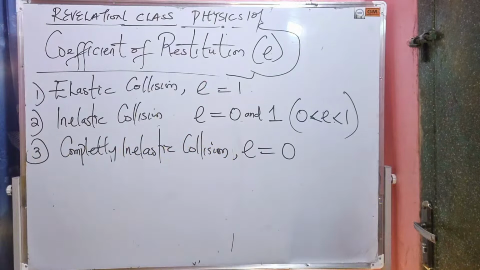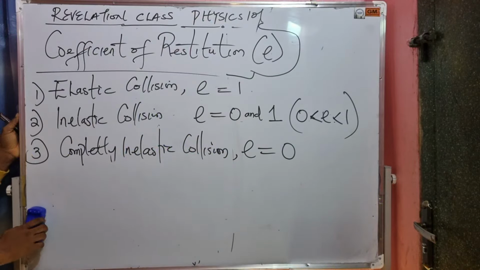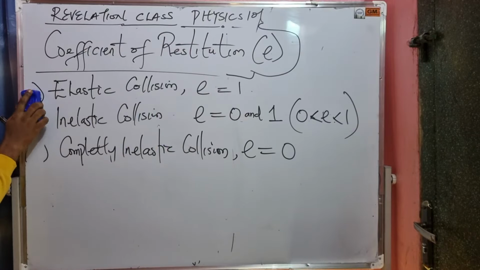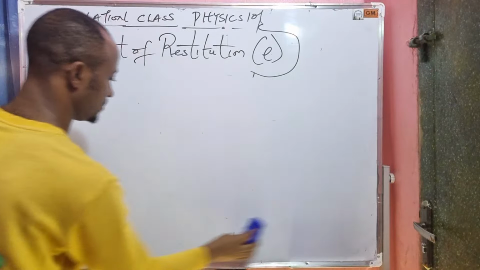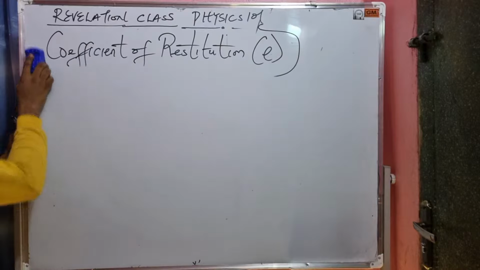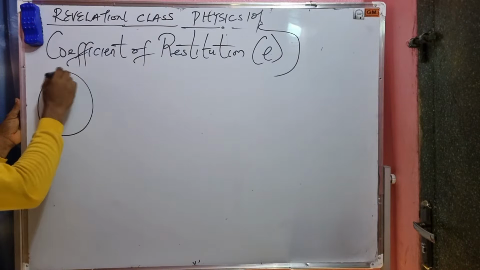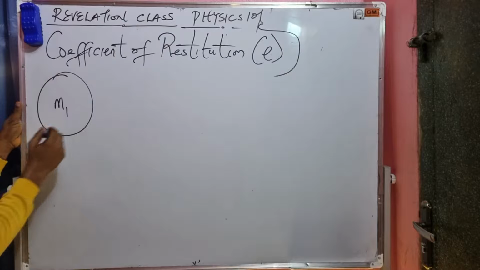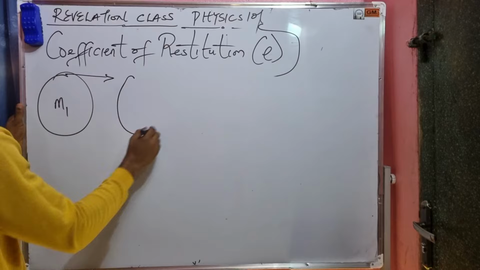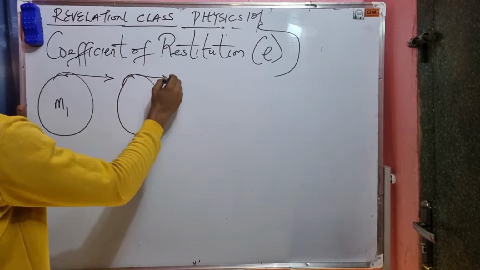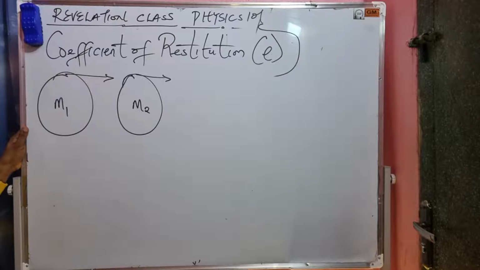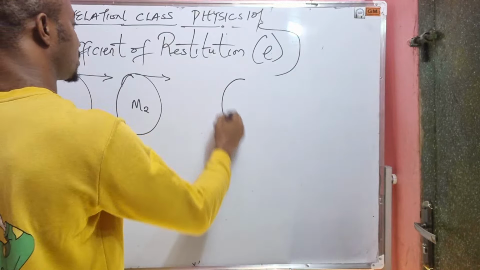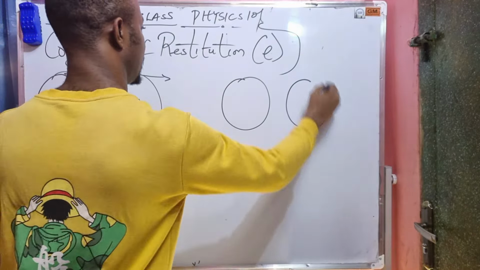Please take note of this. Let me show us something very important. Let's say we have a body of mass M1 that collides with another body of mass M2. Possibly they are moving in the same direction, and after collision, they move their separate ways.